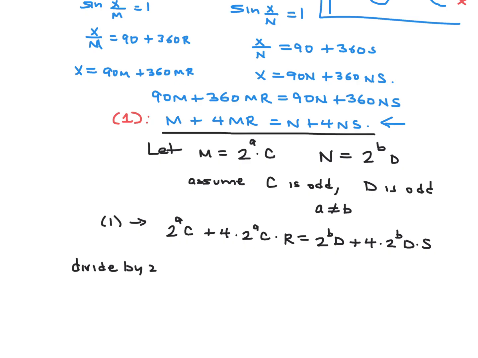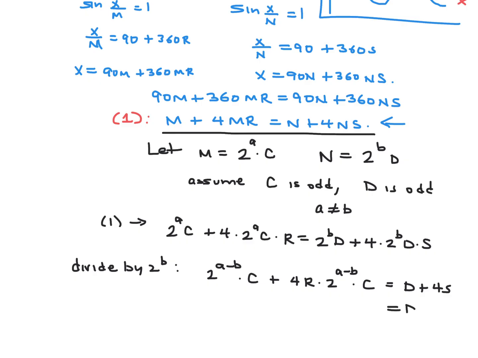Okay, so now let's divide by 2 to the power of b, and that will give me 2 to the power of a minus b times c plus 4r times 2 to the power of a minus b times c, and then this will just be d plus 4ds.